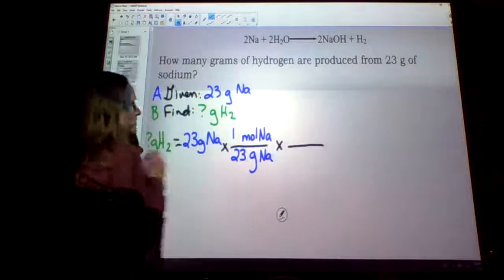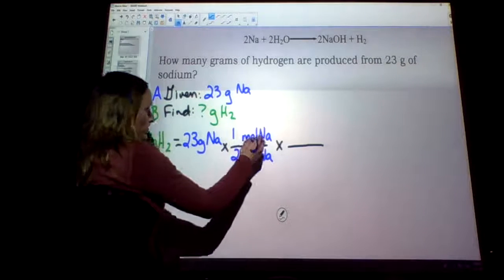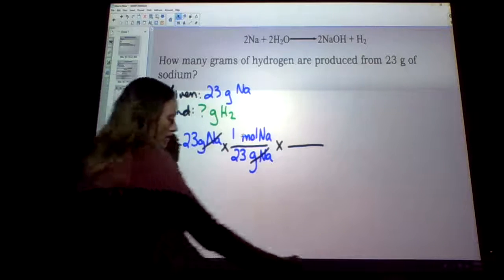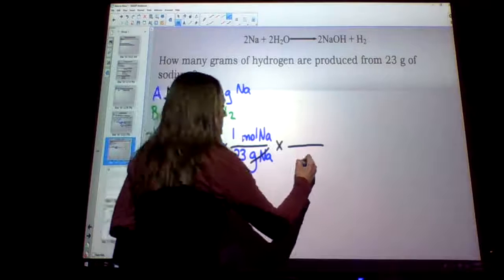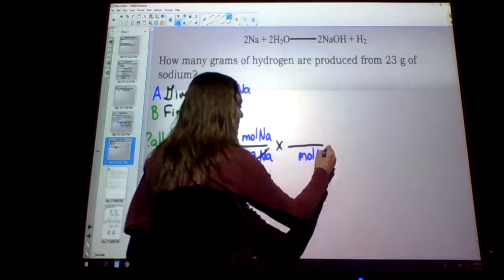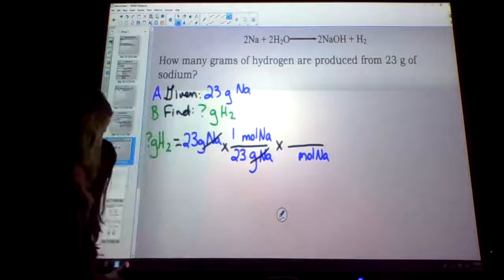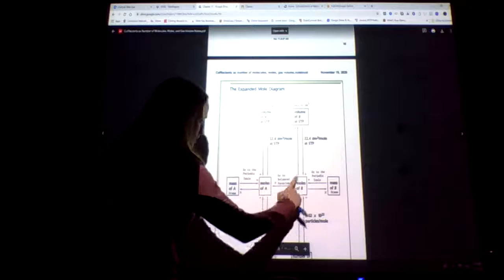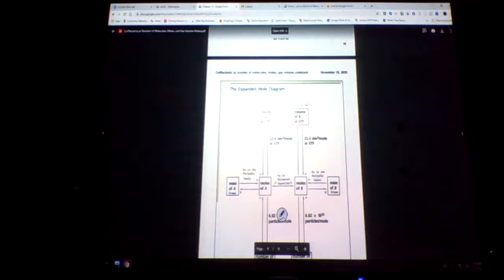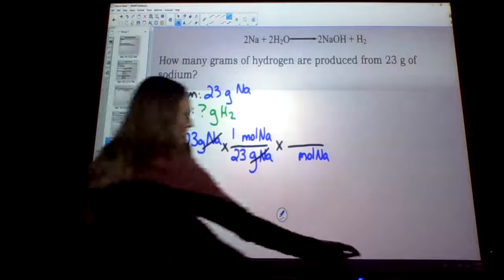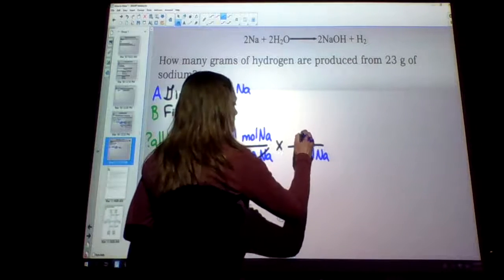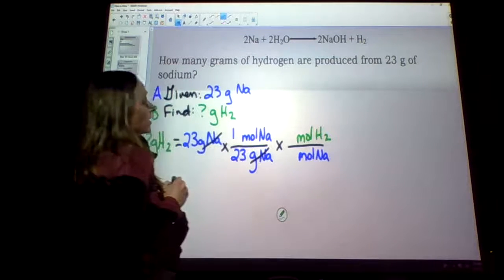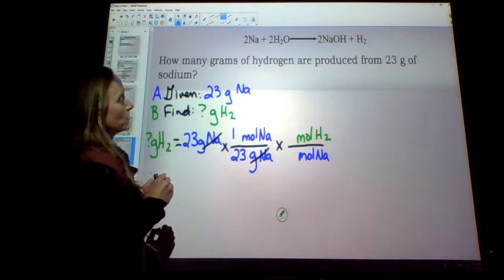So your grams of sodium cancel, and you're left with your number of moles. If we want moles of sodium to cancel, moles of Na will go in the bottom. Looking at your mole diagram, we're going to go moles of A to moles of B, our bridge step where we use our balanced equation. We look at our balanced equation to find our number of moles.